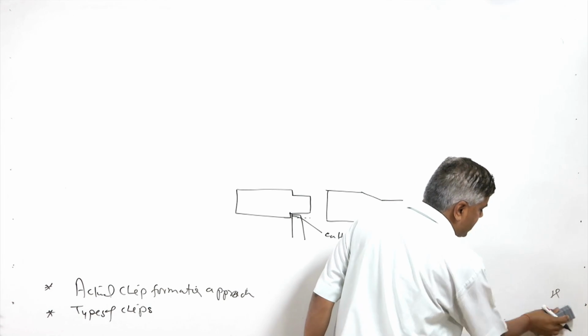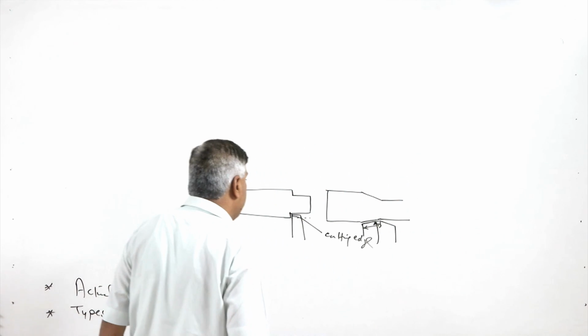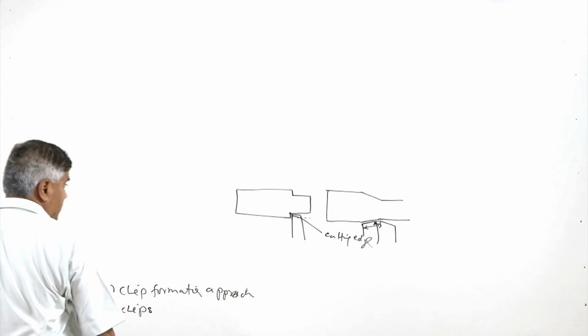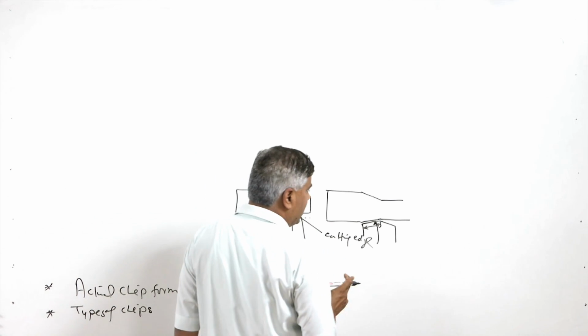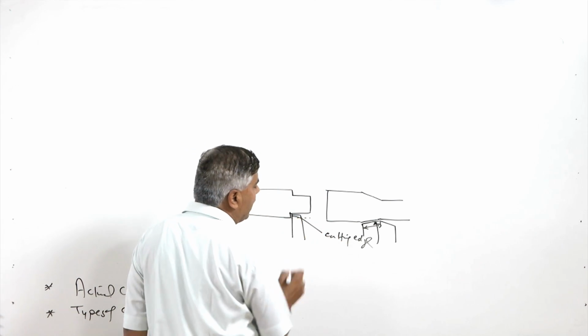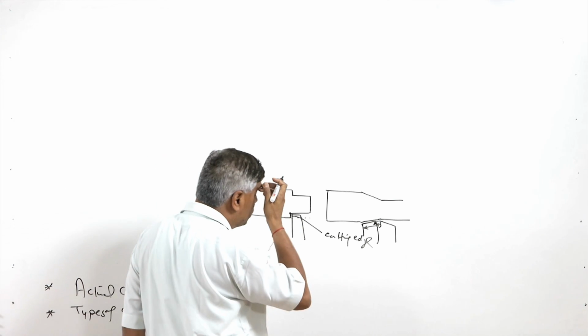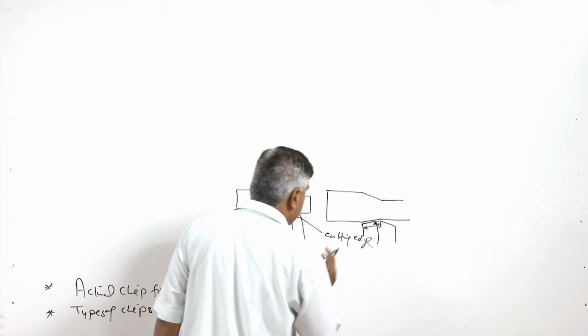So, from this explanation, it is clear that the orthogonal cutting will be experiencing higher stresses at the cutting edge than the oblique cutting under identical conditions. Therefore, the tool life will be less for the orthogonal cutting as compared to that of the oblique cutting.